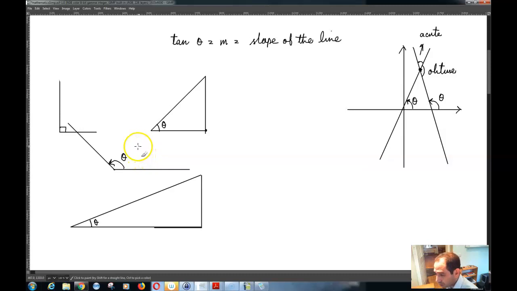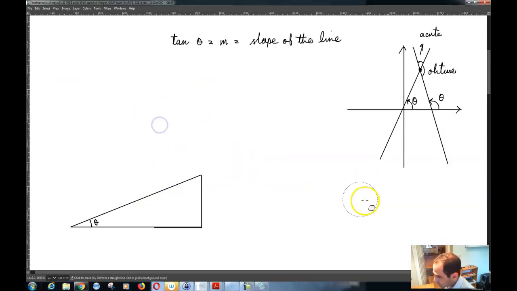So this theta is going to determine how steep this line is, and how steep this line is mathematically is called the slope of this line. Luckily, there is a way in mathematics to measure how steep this line is in terms of the ratio of these two sides.